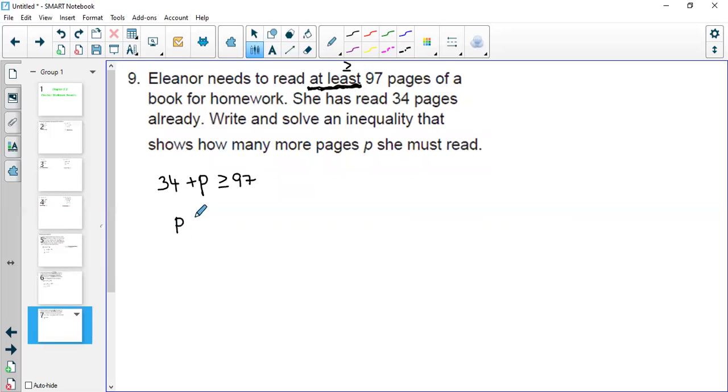So P is going to be greater or equal to 97 minus 34, which means P should be equal to or greater than 63. So which means she has to read at least 63 pages or more than 63 pages.